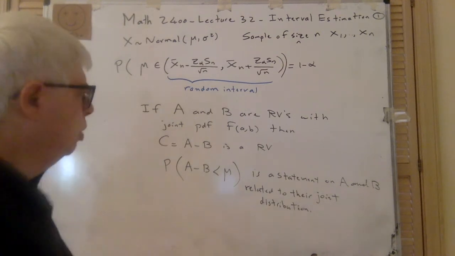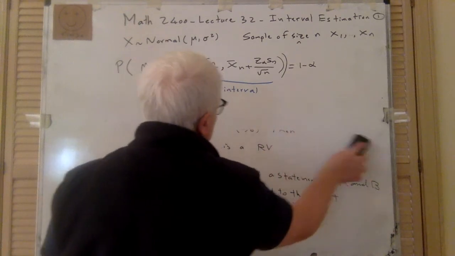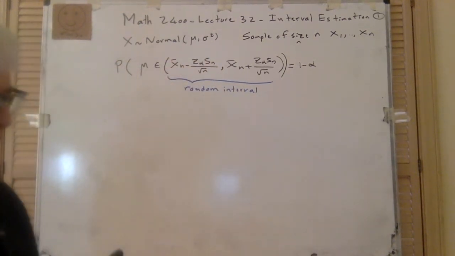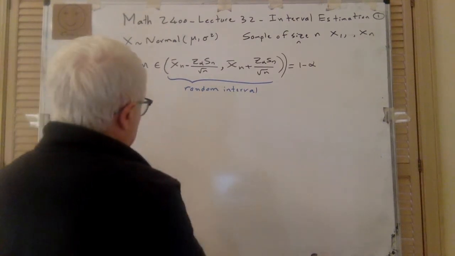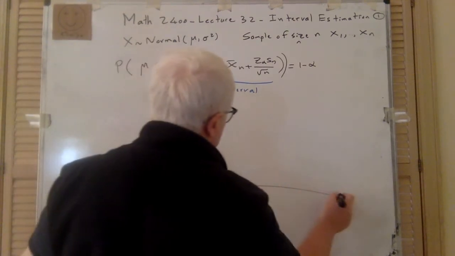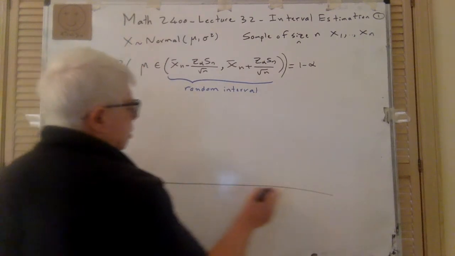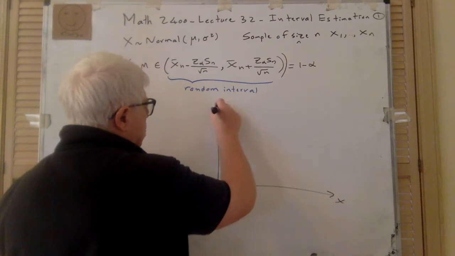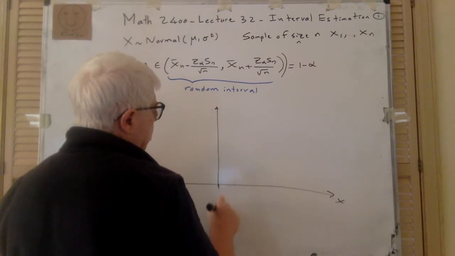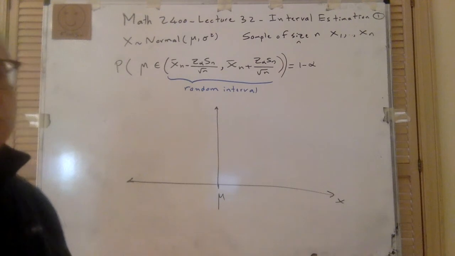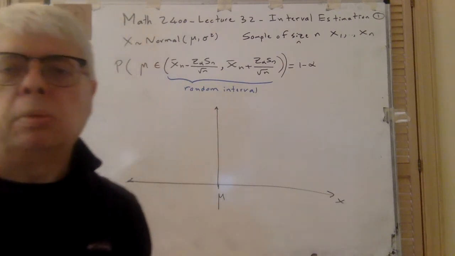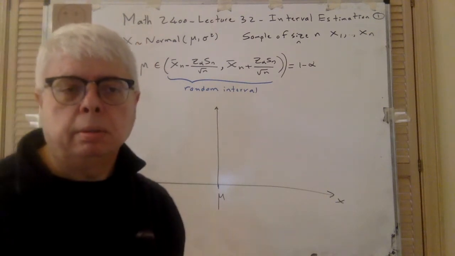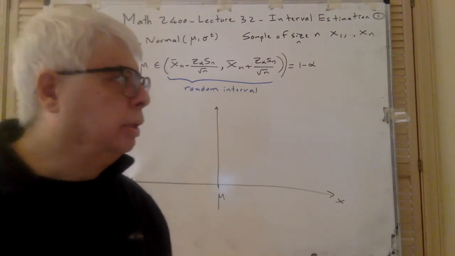So what's going on? You have a situation like this: if this is the x-axis, and mu is here, mu doesn't change. For example, if you are studying the income of people living in a city, say Minneapolis, then it's well defined.